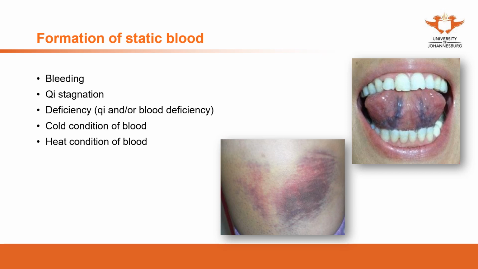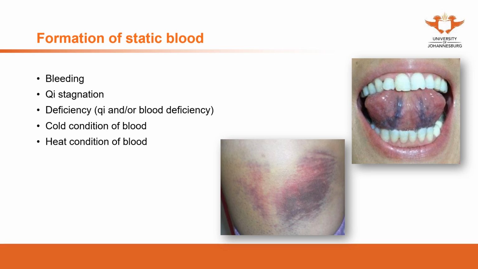So if the qi doesn't move well, it will result in poor blood circulation. So qi stagnation can cause static blood.